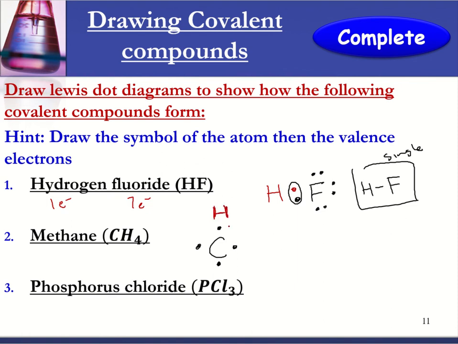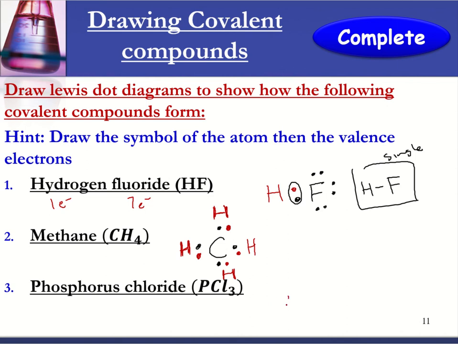So one hydrogen is going to contribute 1 electron. Right now we have 5 in total for our carbon. 6, 7, and then 8. The reason why we need 4 hydrogens is because whilst the hydrogen itself only needs 1 to have a full outer shell, the carbon still needs another 3 contributing. So that's what we have here.